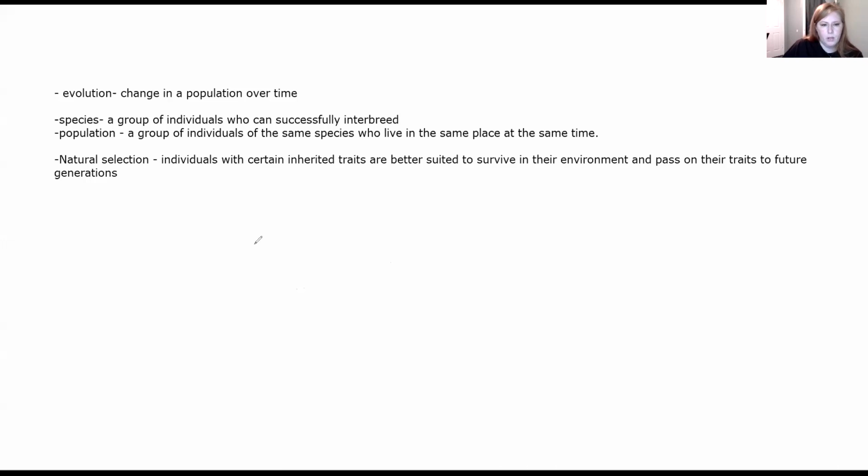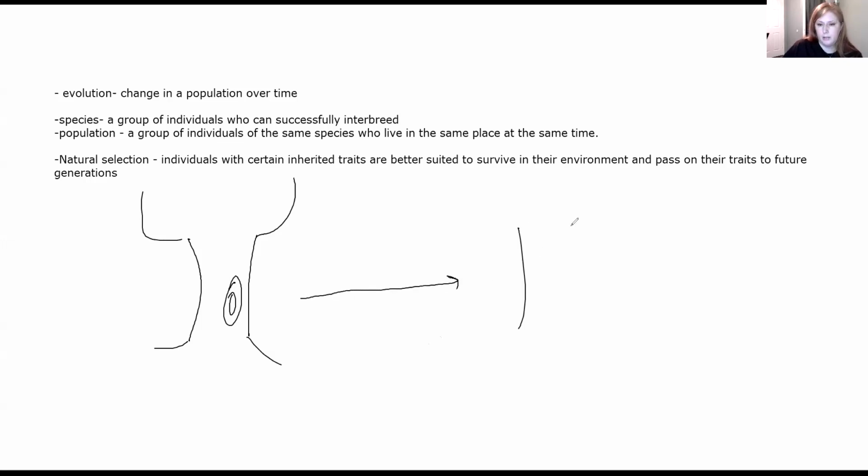So we had originally white trees. Yay, there's my tree. It's not a beautiful tree, guys. Okay, so we had naturally white trees, and then eventually we ended up with trees that became stained with soot, essentially.